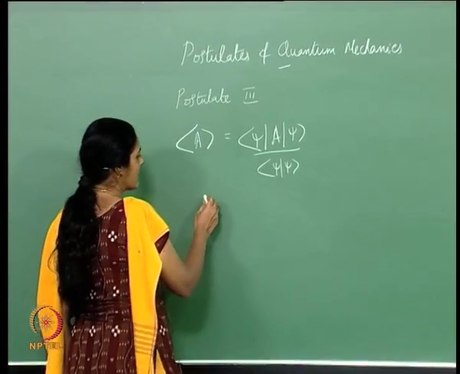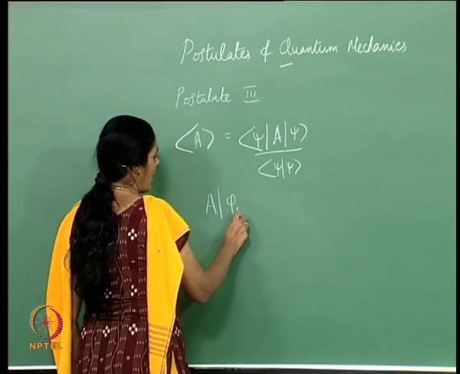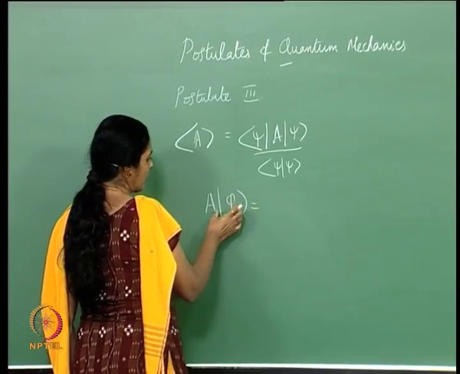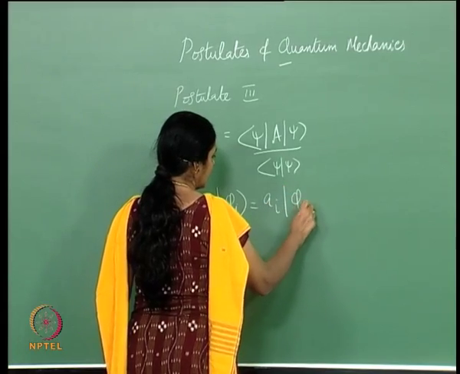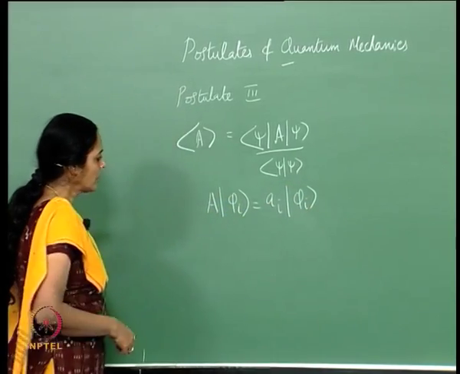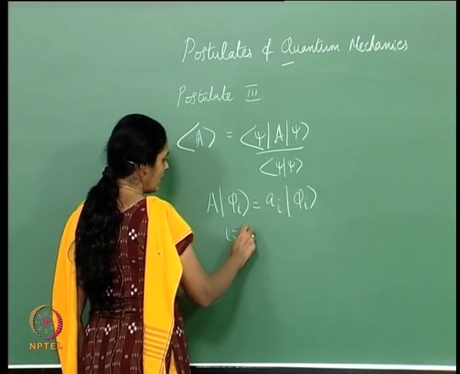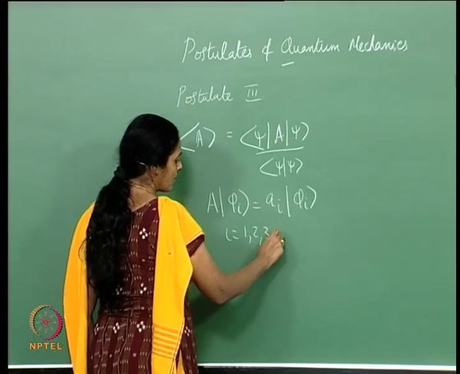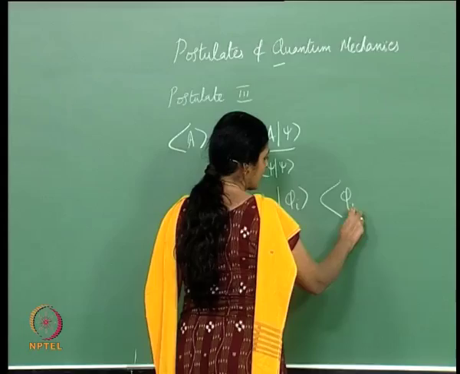So, we have a basis set which is the set of eigenstates corresponding to A, with eigenvalues little a1, a2, a3 and so on, and i itself takes values 1, 2, 3 to n. This is an orthonormal basis.